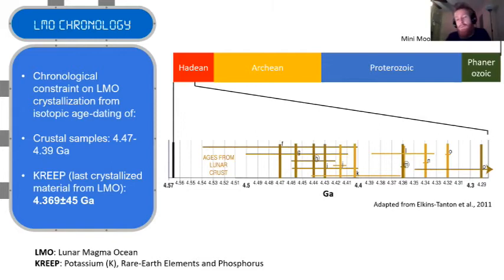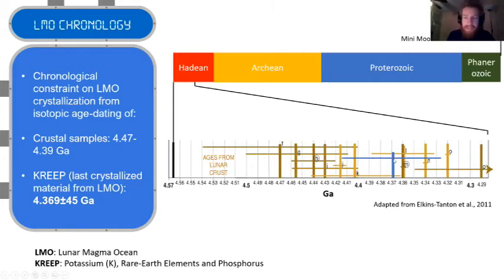And now here I would put another anchor point, which is not a crustal sample, but which has already been mentioned in Jim's talk: KREEP samples. KREEP meaning that it's rich in potassium, rare earth elements, and phosphorus. And it is thought to be representative of the very last dregs of the magma ocean to have crystallized, because it's so rich in very incompatible elements. And we think that it really pinpoints the end of the magma ocean crystallization.